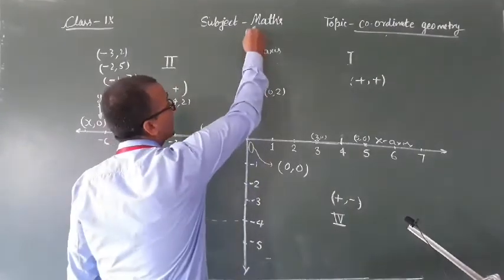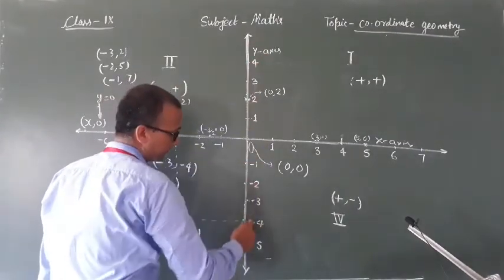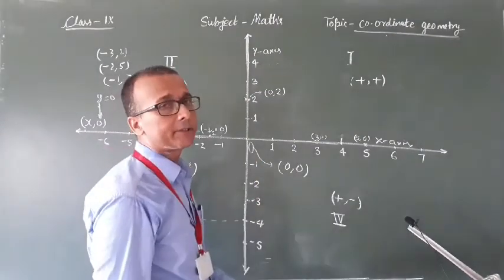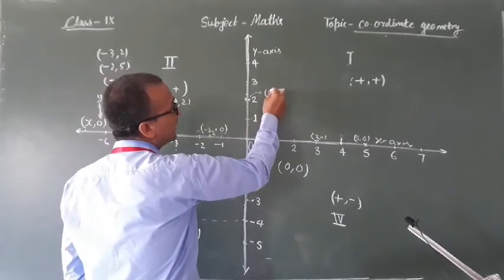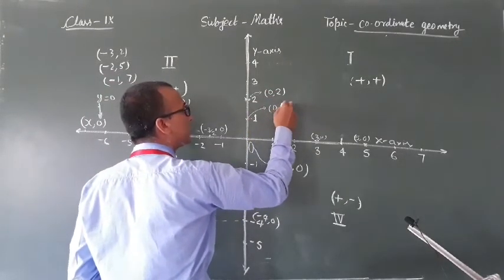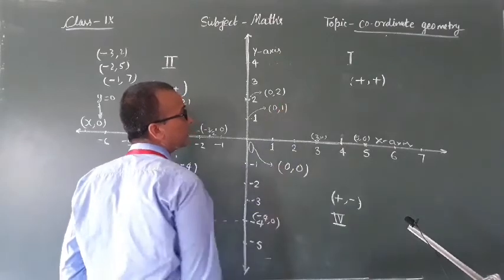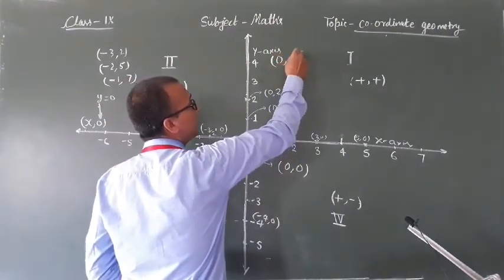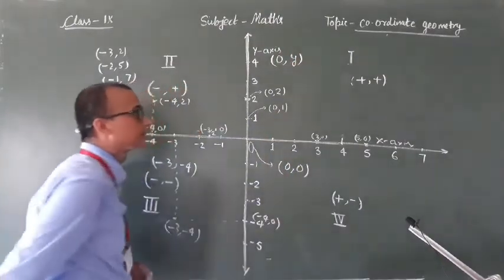On the y-axis, all the points will have x equal to 0. Suppose it is (0, 2). This point is (0, 1). On the y-axis, any point will be (0, y).